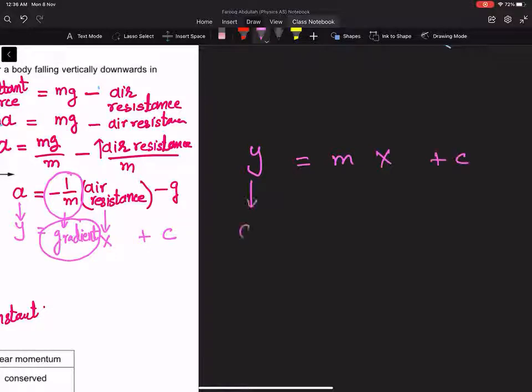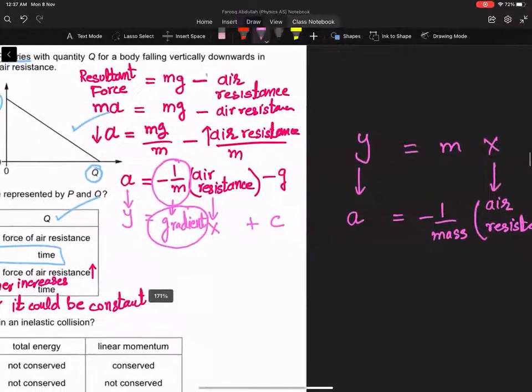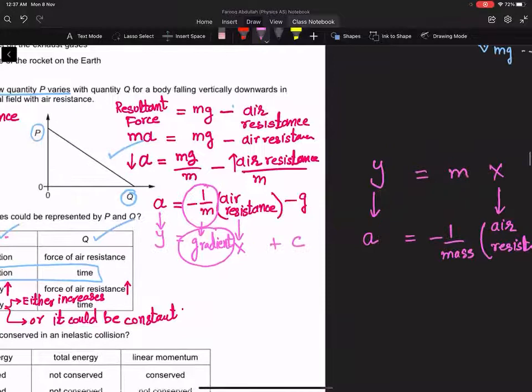Here y is the acceleration, x will become the air resistance, and with the air resistance we have negative 1 over mass of the object that is falling, and the y-intercept will be, here we are getting negative g. Sorry, it was plus g.